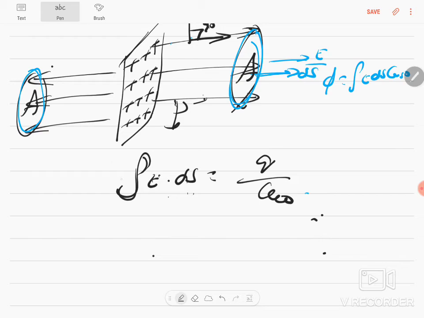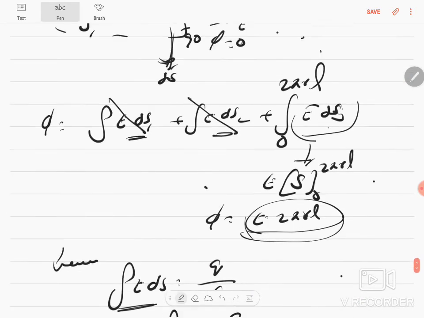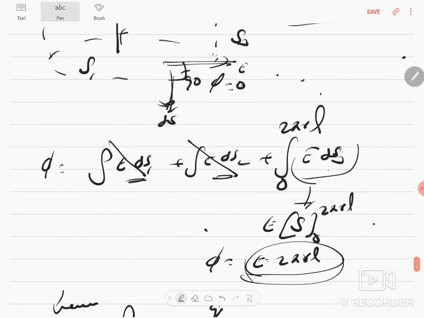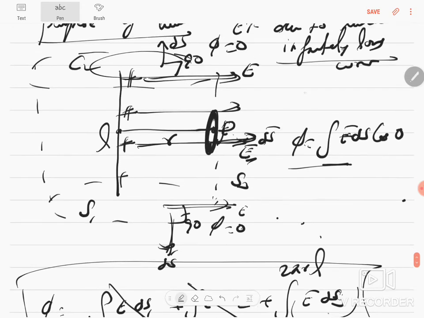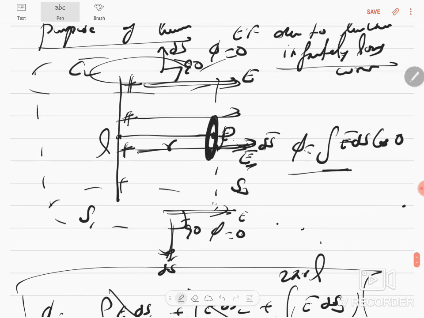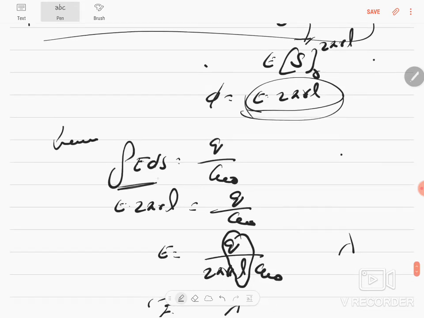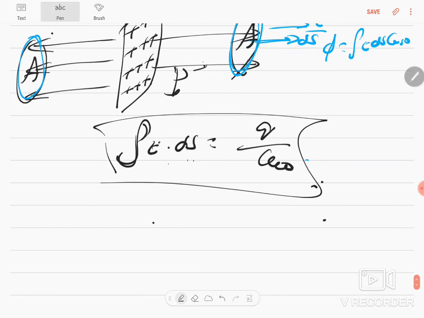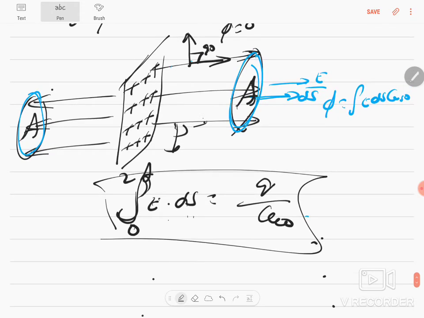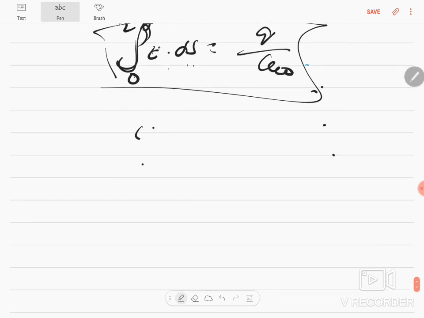Here the electric field flux comes out only through the two circular portions, so integrate from 0 to 2A, because they are considering each circular portion as A. E is taken out, integration of ds from 0 to 2A is equal to q by epsilon naught.